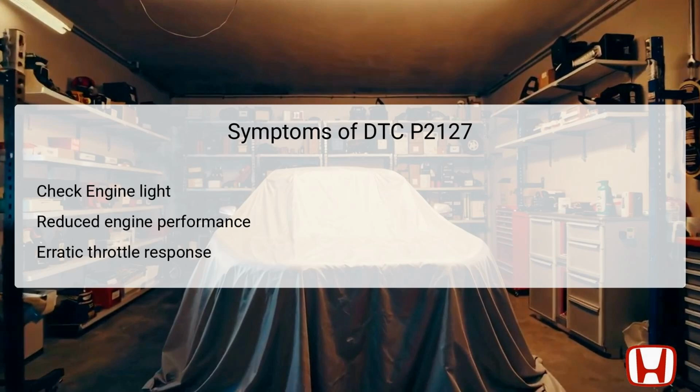Moreover, the vehicle may experience reduced engine performance, leading to sluggish acceleration. Drivers may also notice an erratic throttle response, where the engine does not react proportionally to the accelerator pedal position. These symptoms can severely affect the drivability and safety of the vehicle, necessitating immediate inspection and repair.